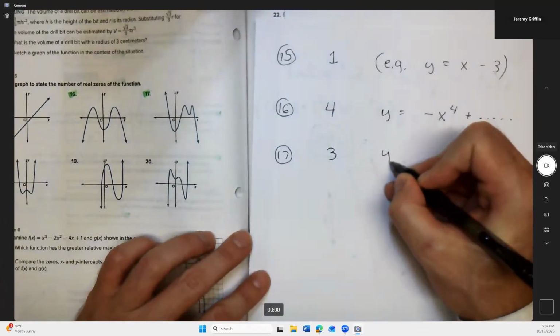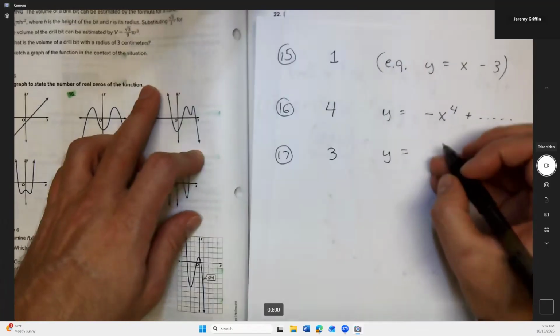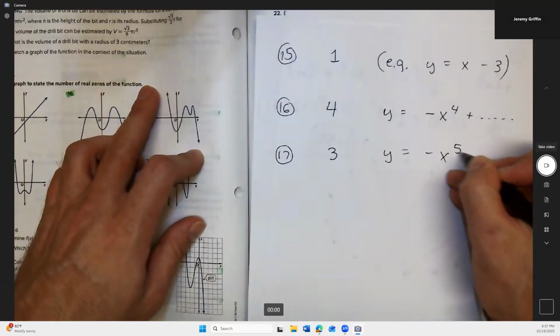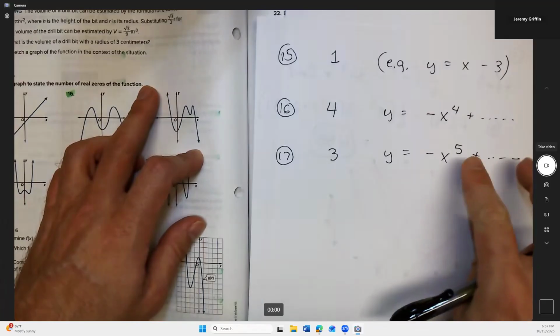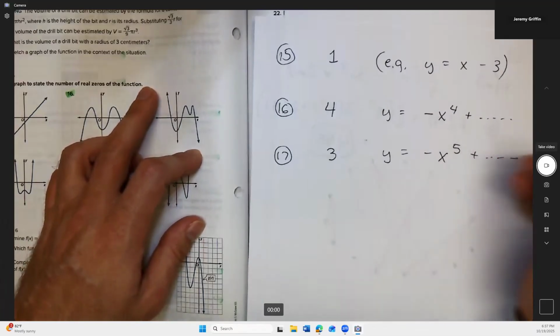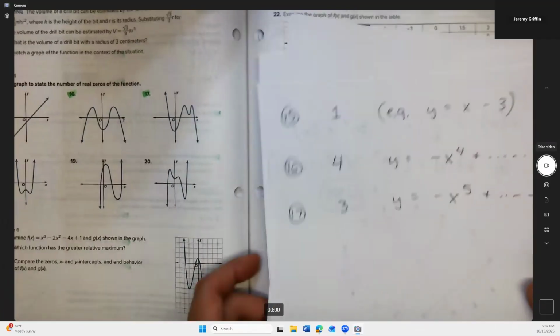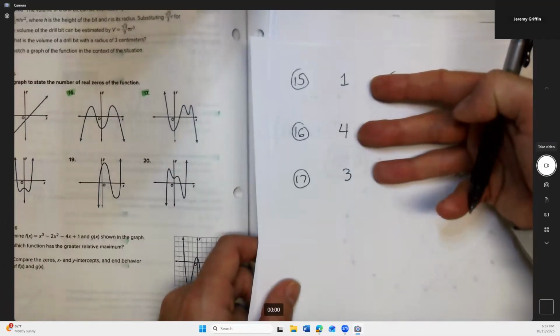So I bet this has to be at least y equals negative x to the 5, since it goes up to the left and down to the right, plus a bunch of other stuff added to it. But I bet the leading term looks some version of that, to make the shape. All right, but all they were looking for was how many zeros, how many x-intercepts. So did that.